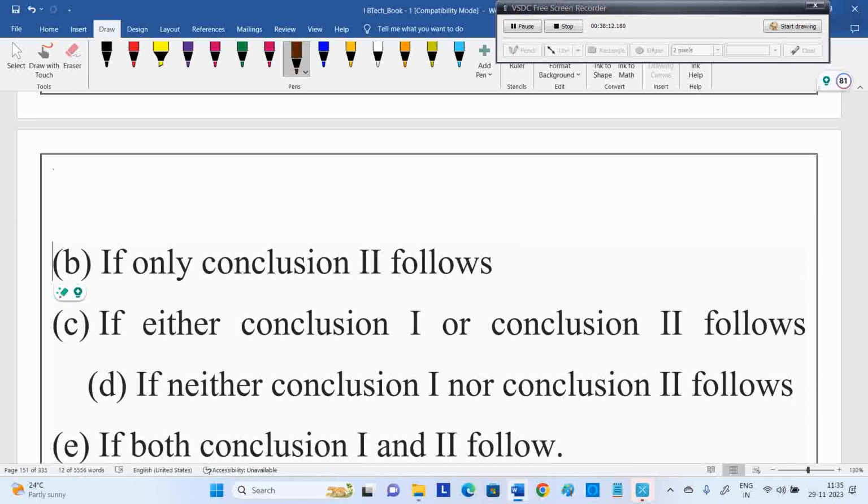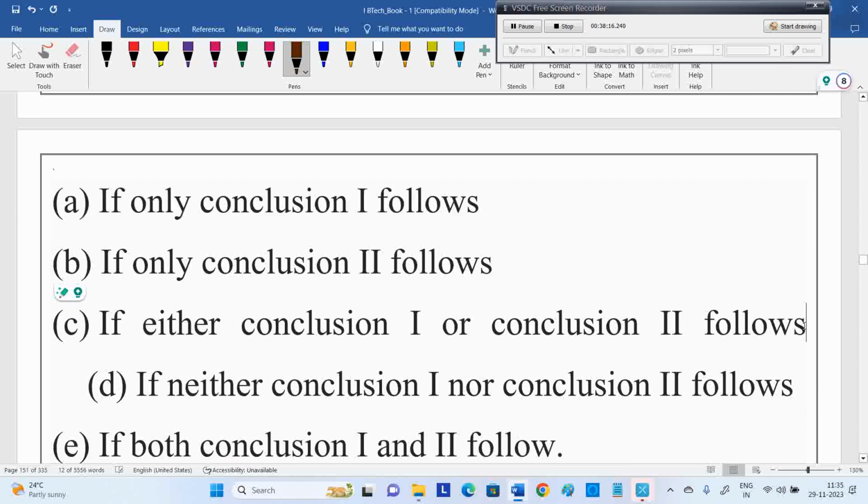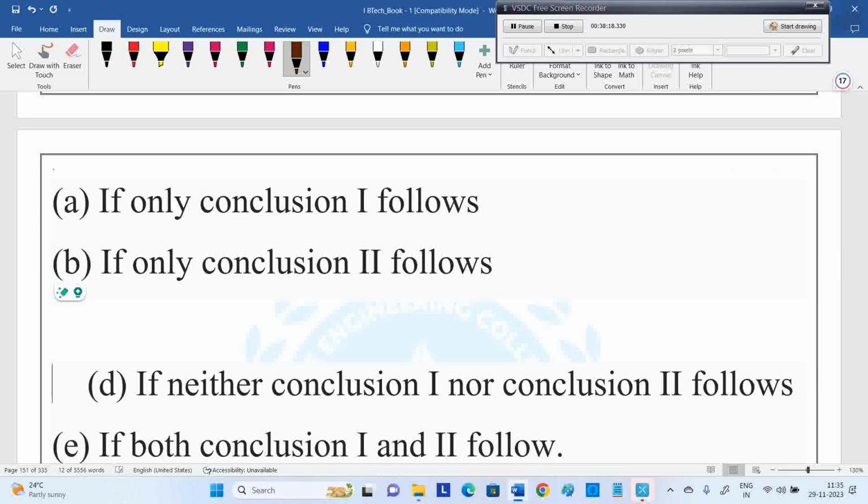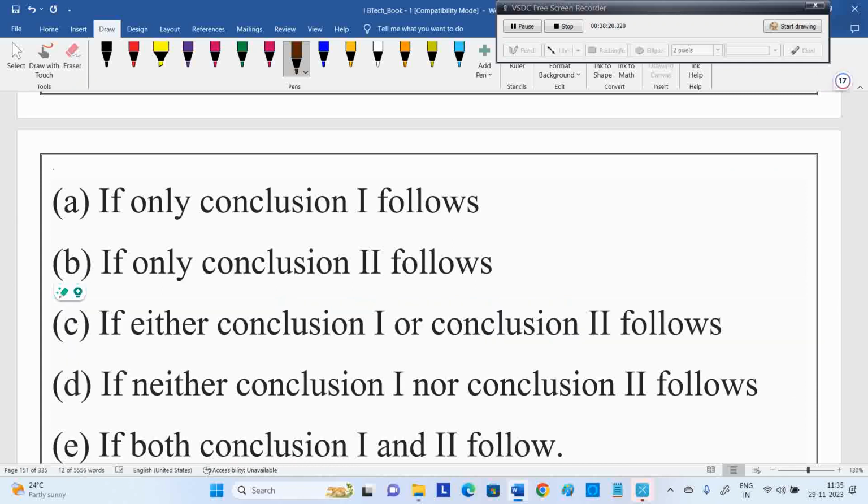If only two follows, B. When will you get option C? Either one or two. So if you don't read it properly, you may be in trouble. Either or you will get. One among those is possible. Later we'll go ahead with that discussion fully.